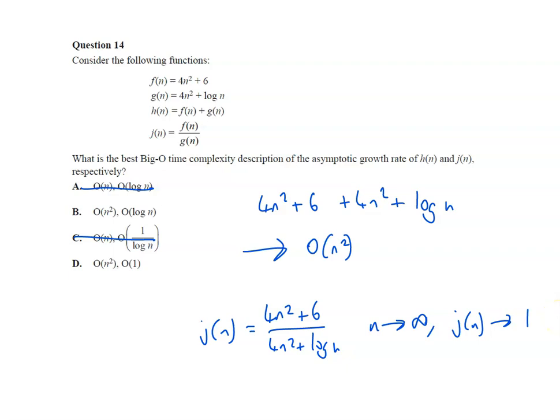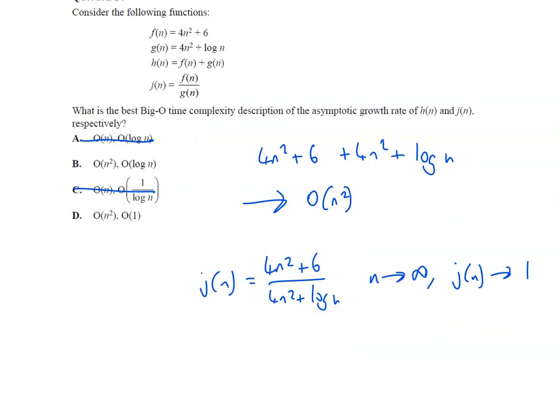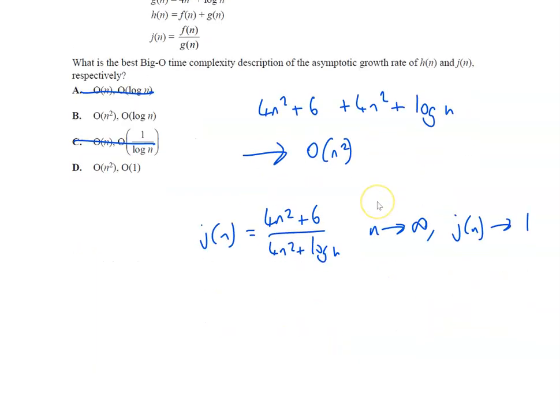Now, a slightly more formal way of doing this is to divide every term by the highest dominating power. So if we divide everything by n squared, we would have 4 plus 6 over n squared over 4 plus log n over n squared.